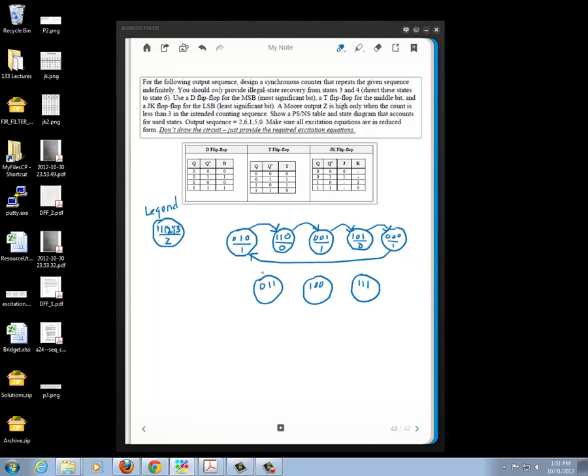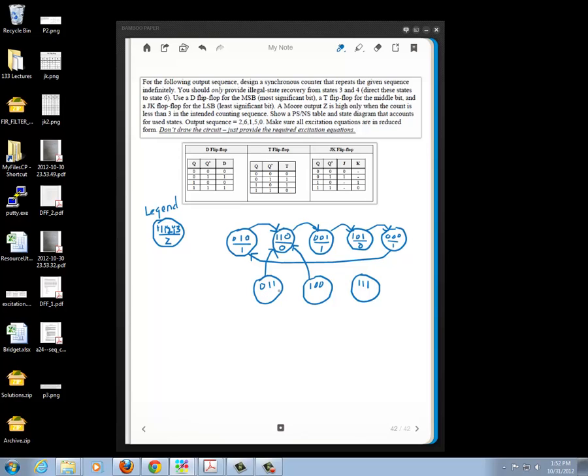So what it's saying is if we, for some reason, end up in these illegal states, states that we weren't supposed to end up in, we should recover, meaning go back to some known state. And in this case it says recover to state 6. So if we end up in state 3, recover to state 6, or if we end up in state 4, recover to state 6. And it didn't say what to do if we end up in state 7, so it's just going to hang out over here.